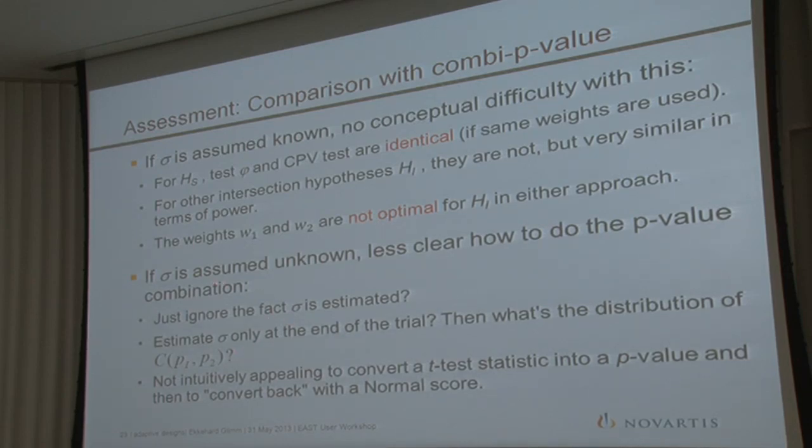But anyway, if in this setting you wanted to use the combination p-value method and not ignore the fact that you have estimated the sigma, then of course it becomes a bit tricky. How would you do that? You can of course just ignore the fact that sigma is estimated, but then you have a slight type 1 error inflation. Or you could say, I estimated only at the end of the trial, but then what's the distribution of the combination?